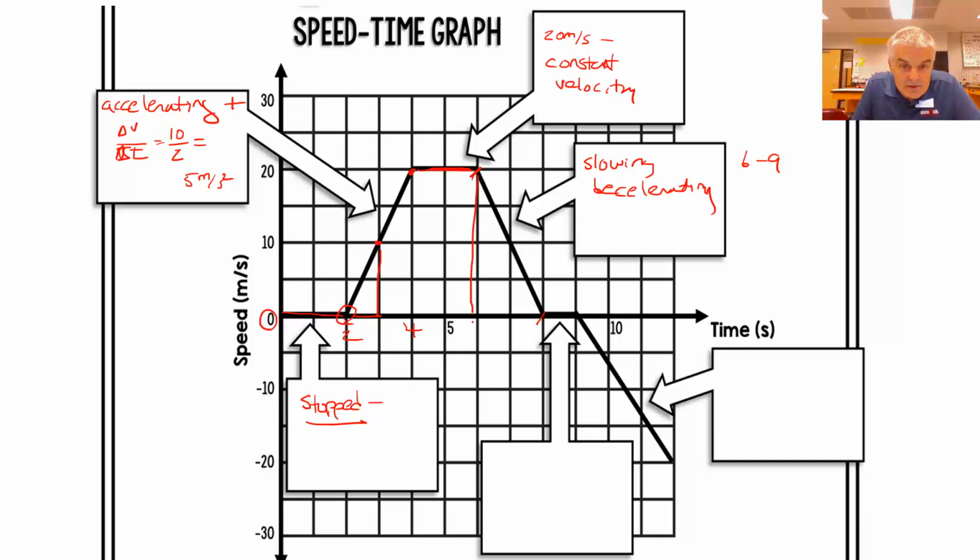Well, let's do it. 6 to 8, he goes from 20 to 0, so it's 20 divided by 2, right? He's decelerating at 10 meters per second squared, but it'd be negative 10, so he's slowing down 10 meters per second every second, okay? So that's pretty interesting. Is that right?